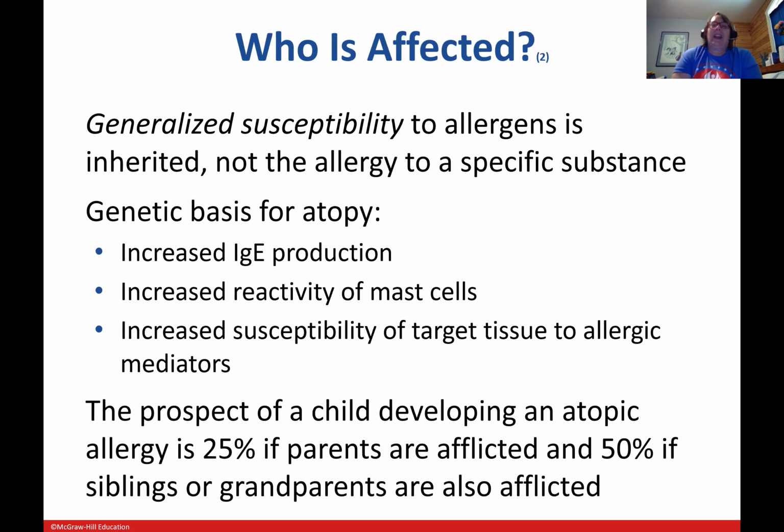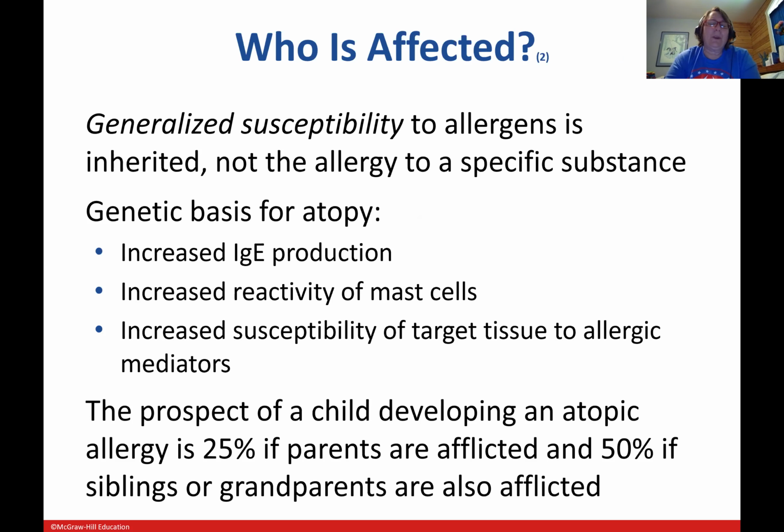Okay, so a generalized susceptibility to allergens is inherited, but not the allergy to the specific substance. That is something that has to be developed by an immune response. We're going to talk about that primary and secondary allergic response in a few slides. So the genetic basis for that atopic type of allergy, which is that localized kind of acute allergic response: you have increased IgE production.